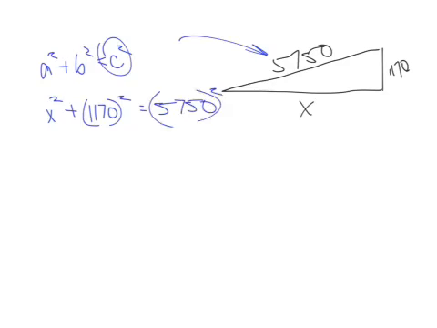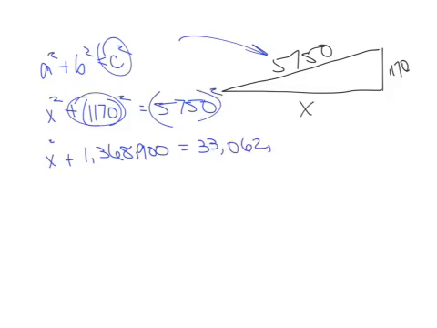So there's my a squared plus b squared equals c squared. So x squared plus 1,368,900, that's 1170 squared, equals 33,062,500. That's what 5,750 is squared.